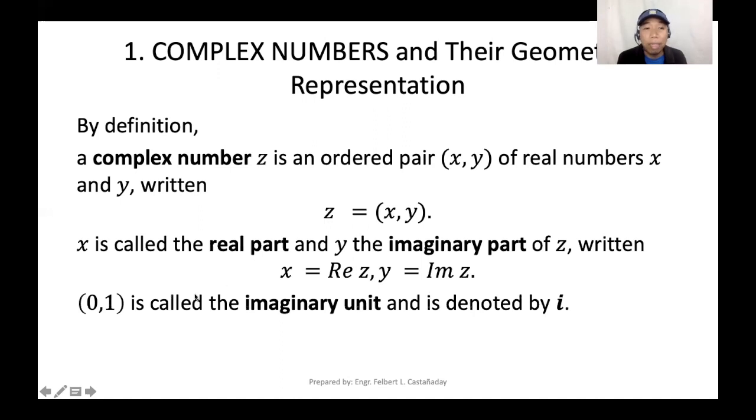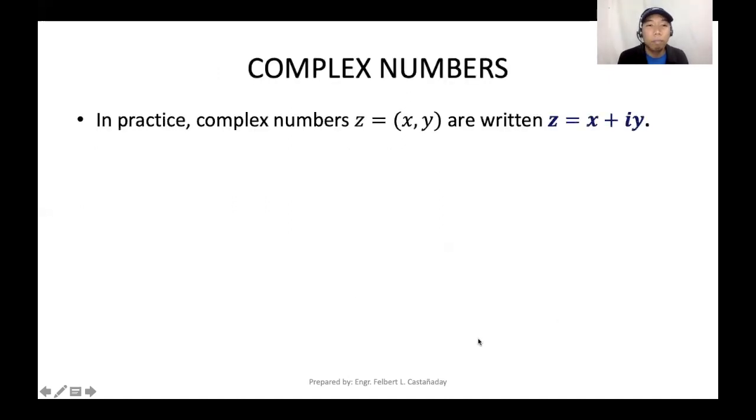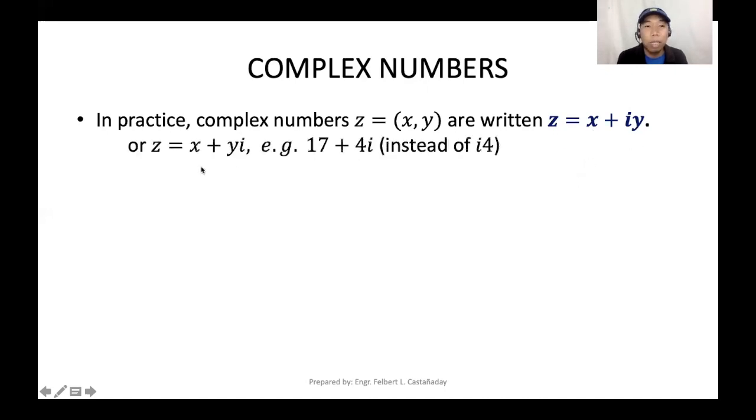For the ordered pair (0, 1), this is an imaginary unit denoted by the letter i, where the value of x is 0, meaning the real part is 0, and the imaginary part is 1. In practice, complex numbers are written in this form: Z equals x plus iy, or Z equals x plus yi.